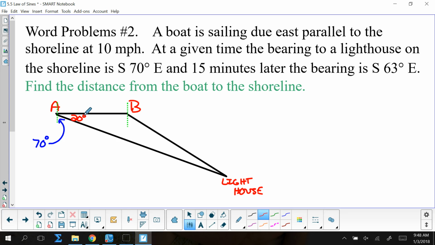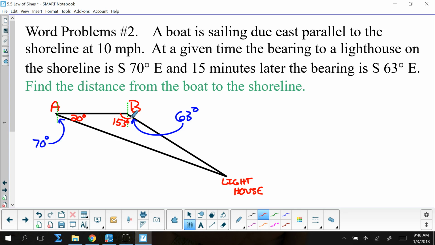Then 15 minutes later, the bearing to the lighthouse is south 63 degrees east. So that means that this angle in here is 63 degrees, which means angle B of my triangle is 153 degrees, because 90 plus 63 is 153 degrees.